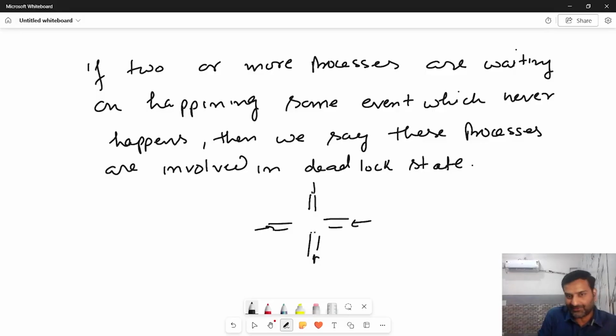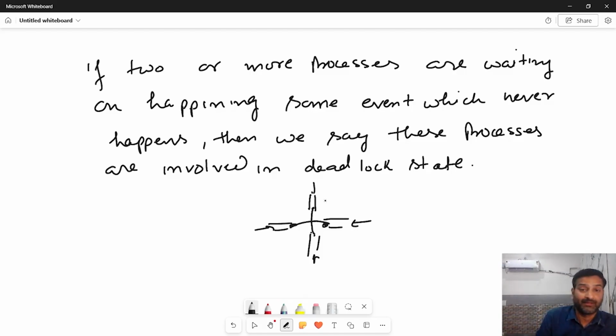Now, in this situation, if a vehicle tries to cross the road from this side to this side, no one will be able to cross, because one vehicle is here and another vehicle is here. So there is no way to move from this path to this path, and in the same way, there is no way to move from this place to this place. So this is the situation of deadlock.